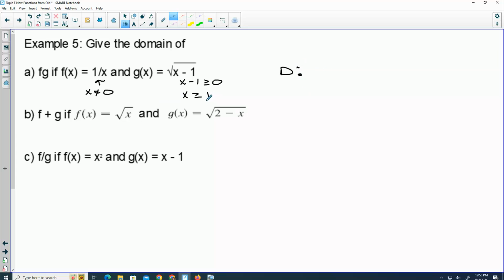If x is greater than 1, can it equal 0? No. So since I'm already only bigger than 1, we can ignore the not equal to 0. So it's just everything larger than 1. We're putting these together, looking for the overlap, the numbers that make both of them true.